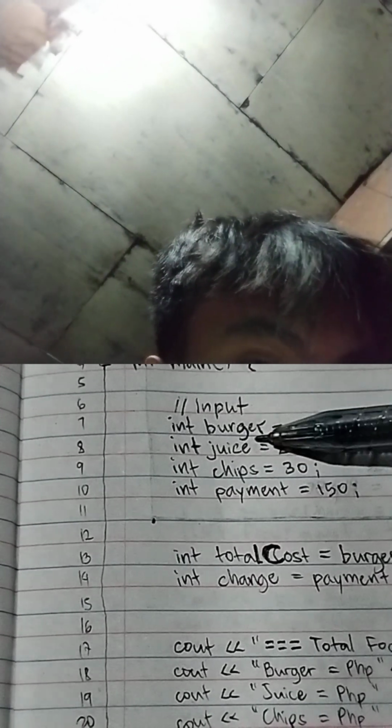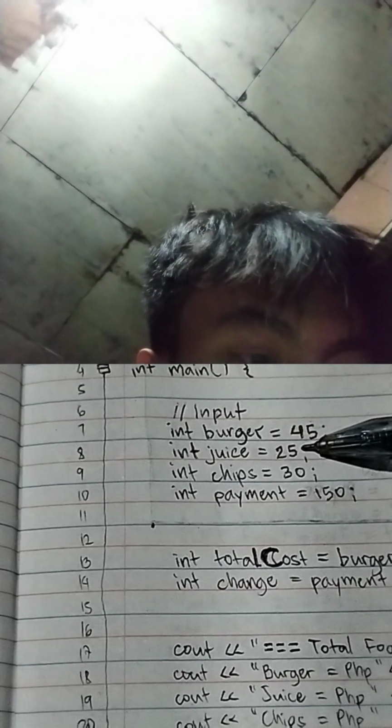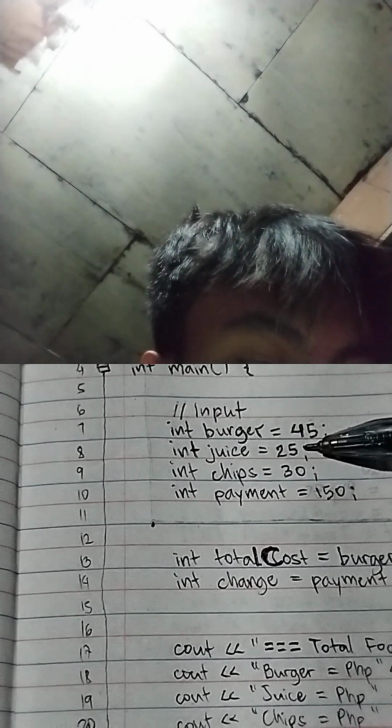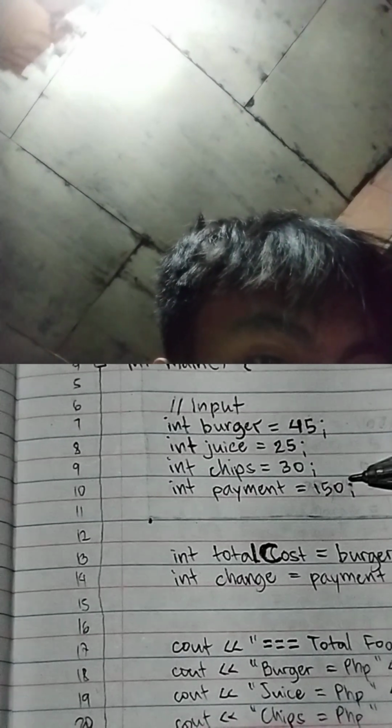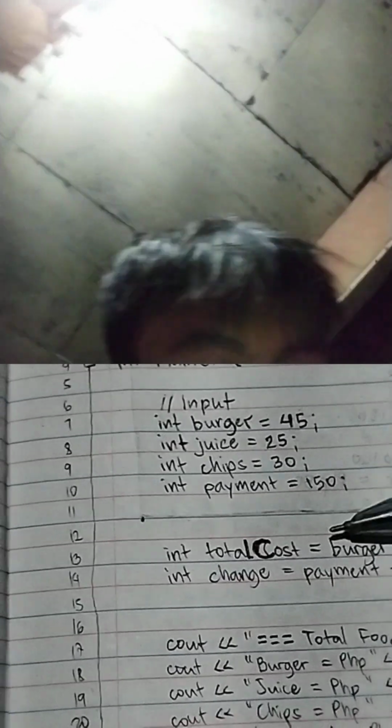So int means the variable stores whole numbers. Burger is the variable, and 45 is the value. Next, integer juice is a variable, and 25 is the value. So these are the price of juice, the price of burger, the price of chips, and the payment, the money given by the student.